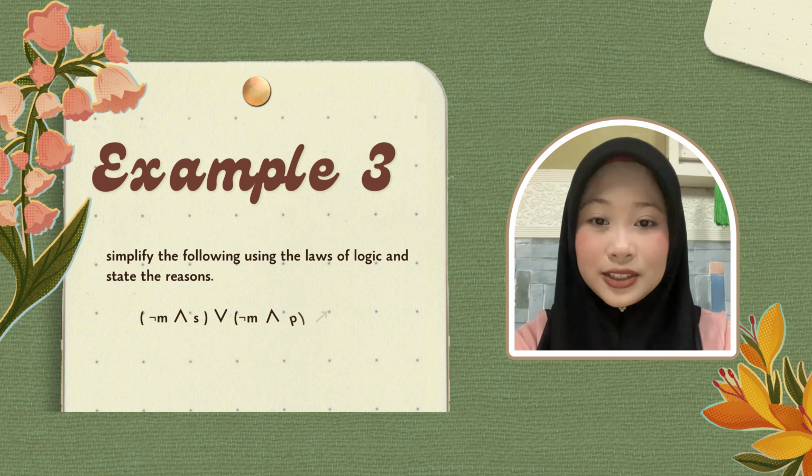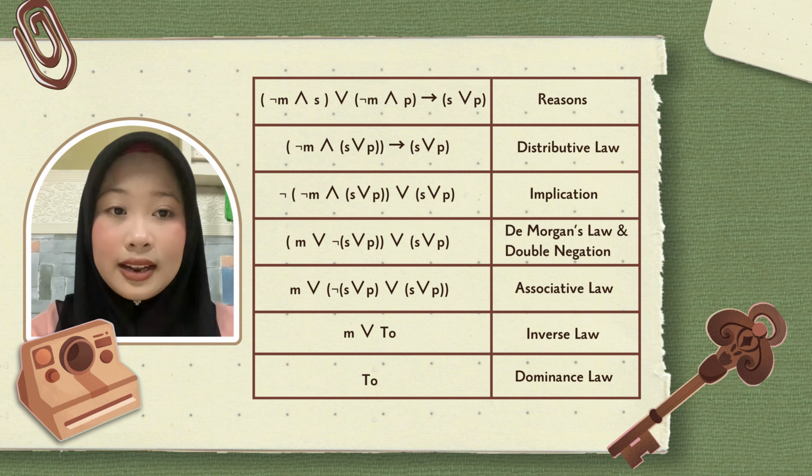Next is example 3. Simplify the following using the laws of logic and state the reasons. The question is negate M and S or negate M and P implies S or P. To simplify this question, we use distributive law.